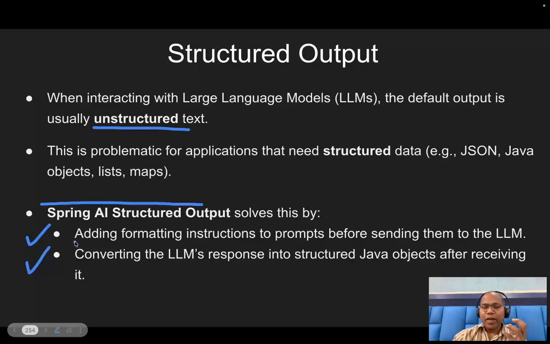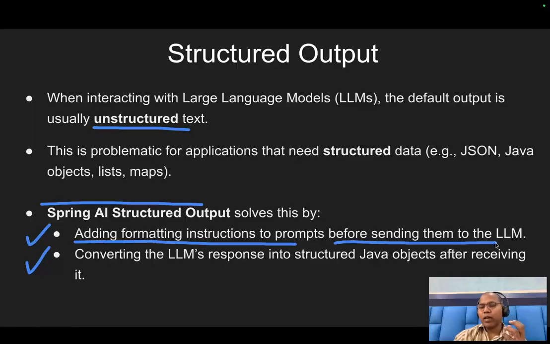First, it adds formatting instructions to the prompt before sending it to the LLM. Our application sends a prompt to the LLM, and before sending it, Spring AI introduces, hey, this is the format I am expecting, so that the LLM is aware it has to return JSON data, CSV data, a Java object, or something else.